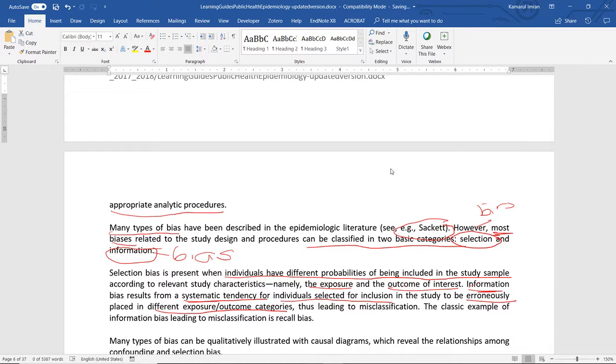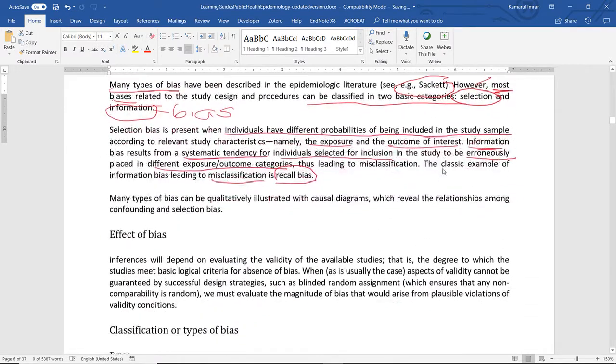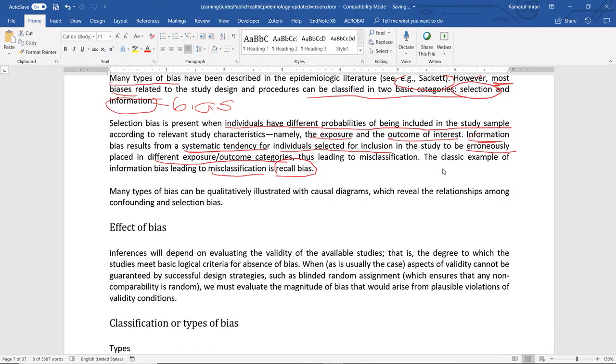For example, misclassification as due to recall bias, right? So okay, this one not that important.